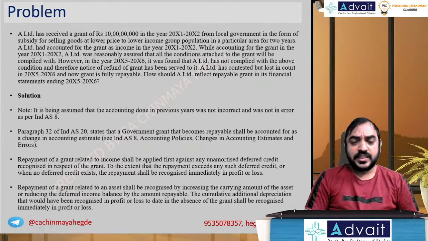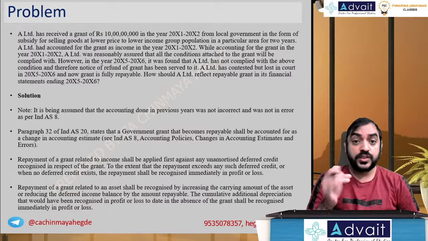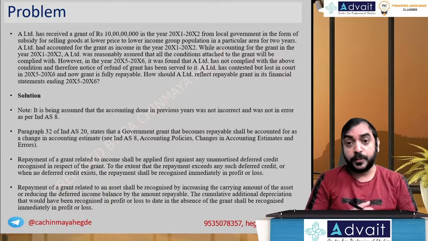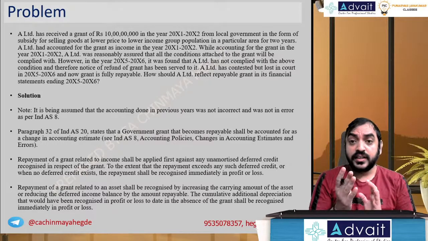A Limited has received a grant of rupees 10 crore in the year 2001-2 from a local government in the form of subsidy for selling goods at a lower price. Look at the purpose for which the grant is received, for selling goods at a lower price. A typical example you can think of is a subsidy received.